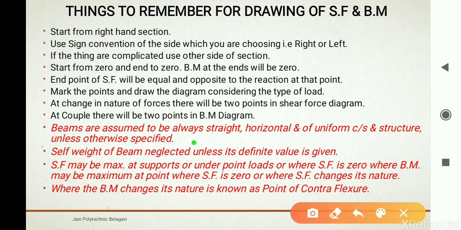Beams are assumed to be always straight, horizontal, of uniform cross section and structure unless otherwise specified. Always it is assumed that beams are straight and horizontal, because the casting or molding of beams will be orthographic, that is LBD, all the 3 axes X, Y, Z are considered here.